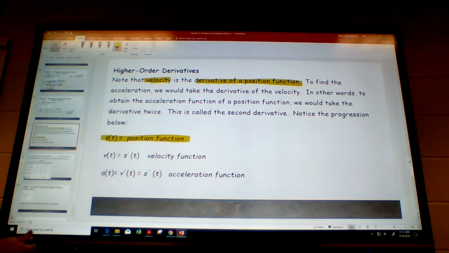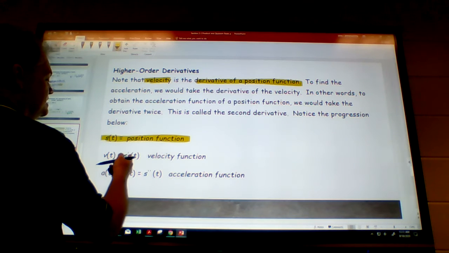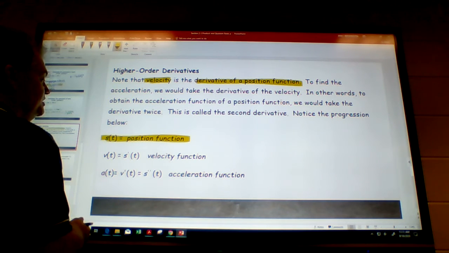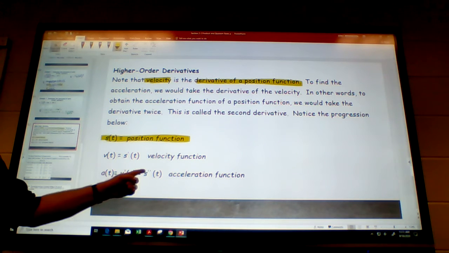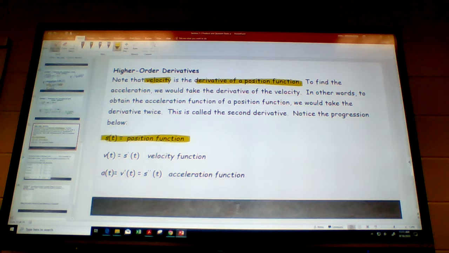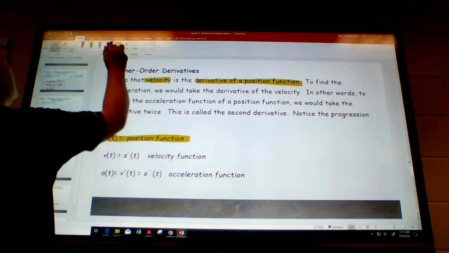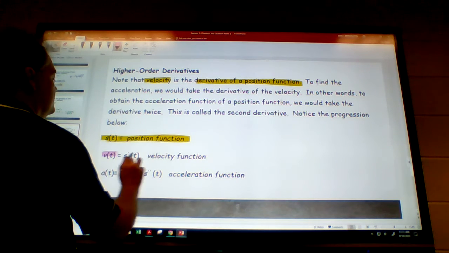Velocity equals s prime of t, where s of t is the position function. The acceleration is the derivative of the velocity, the second derivative of s of t. Those are all things you need to be aware of.